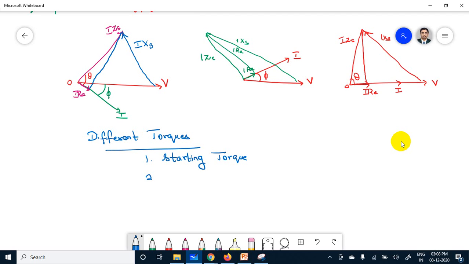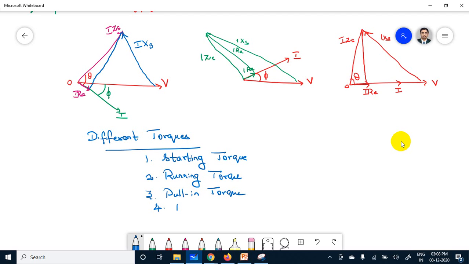The second one will be running torque. The torque developed by a motor under running condition is known as running torque. Third one will be pull in torque.